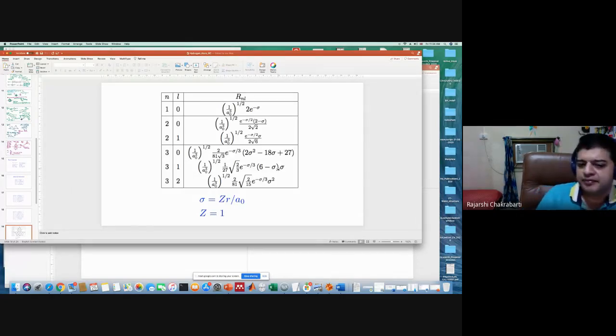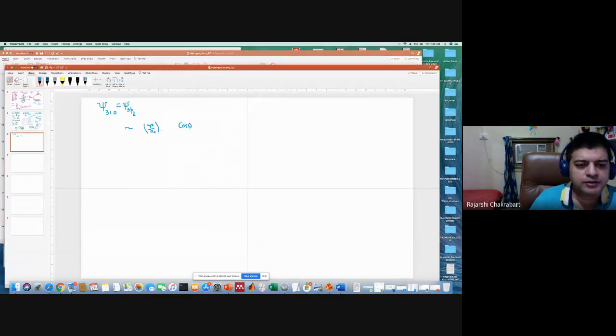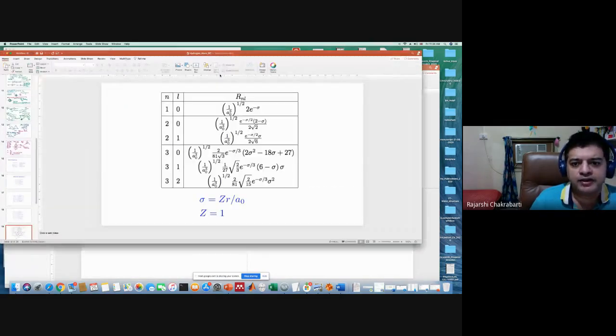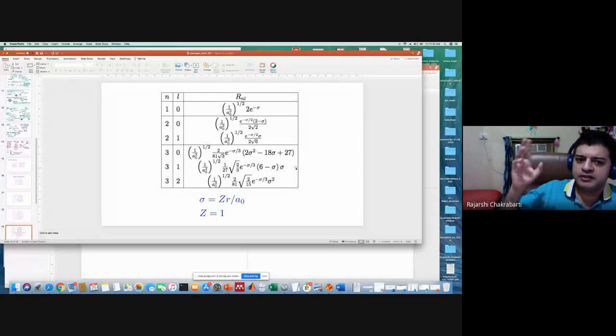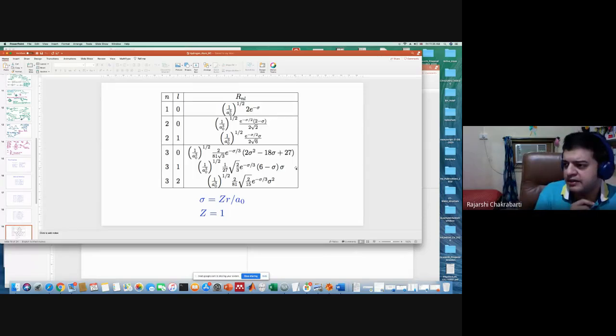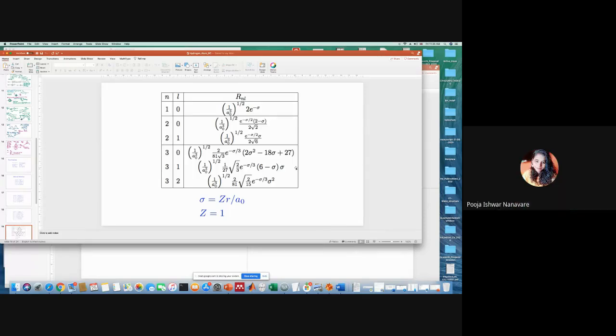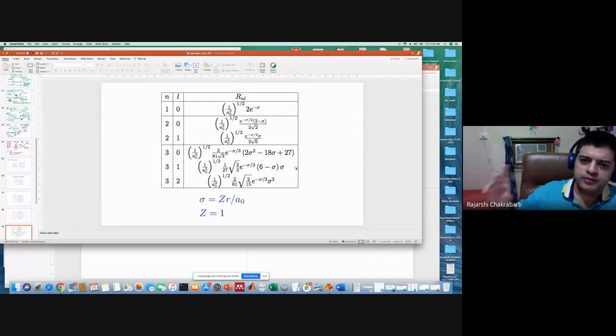So I have already written this, no? R by a0. But see, the point is the angular part is the same, because the angular part depends only on l and m. Is it clear? For all p orbitals, l is 1, so the angular part will be the same, and m will change.